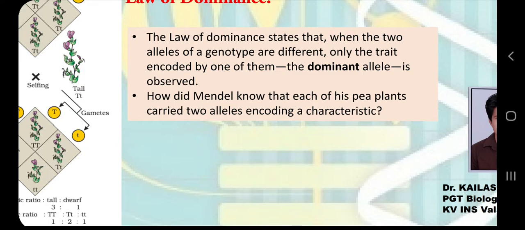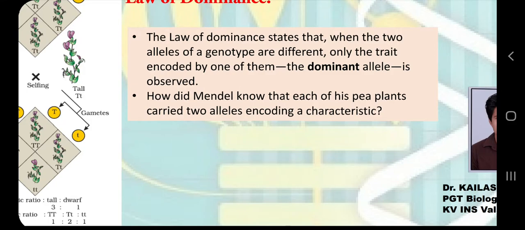In that pair, if both are the same, that plant is called pure or homozygous, and if both are dissimilar, then that plant or organism is called heterozygous or hybrid. And in a hybrid organism only the dominant allele is able to express itself.